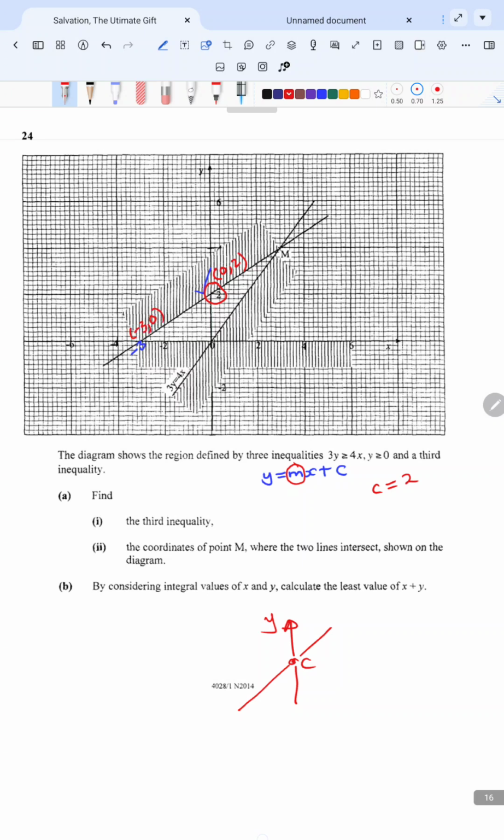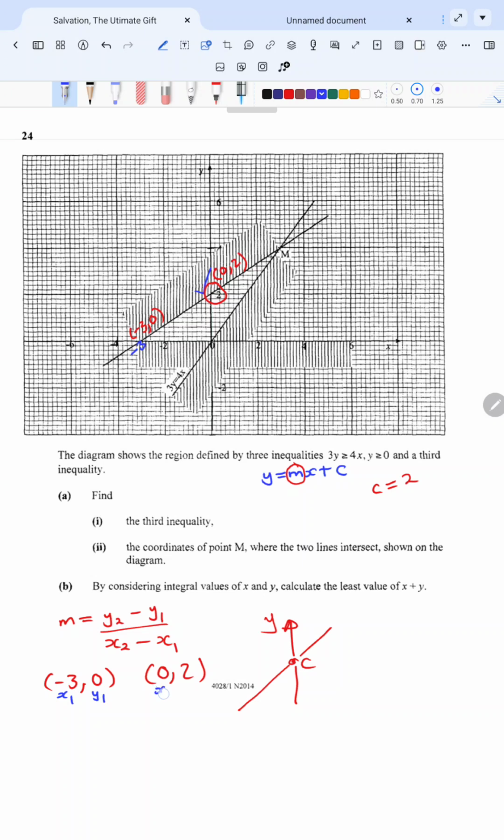So remember, gradient, or m, equals y2 minus y1 over x2 minus x1, which is as good as change in y over change in x. Right. So (-3, 0), we also have (0, 2). -3 is x1, 0 is y1.